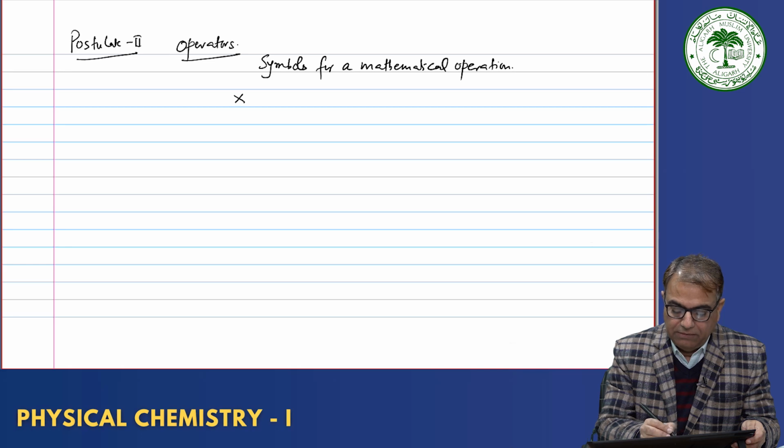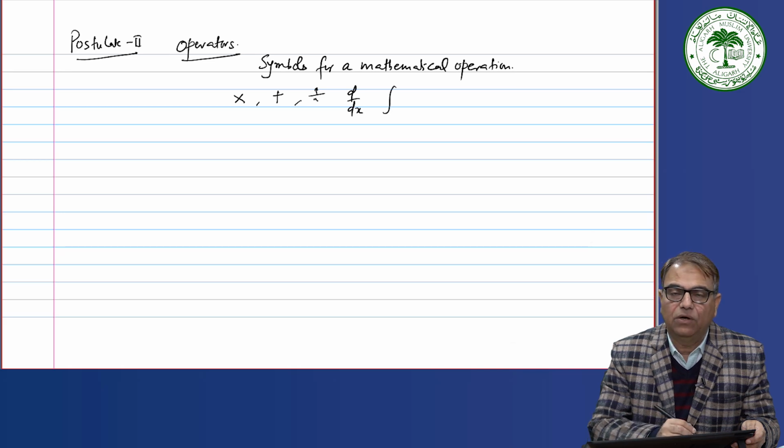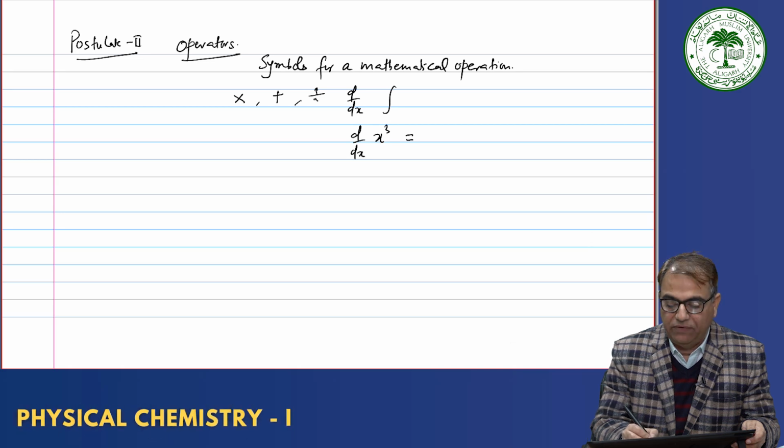A multiplication symbol, addition symbol, division symbol, differentiation, integration, all are symbols which in themselves have no meaning unless you have a function. So if you write d/dx of x cube, then it means you are differentiating with respect to x the function x cube, and the function changes to 3x square.